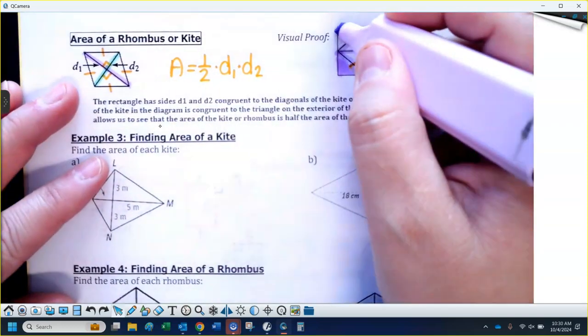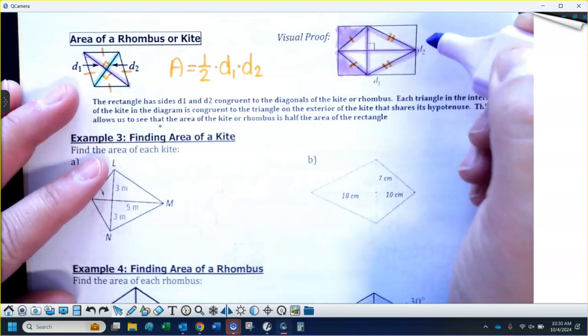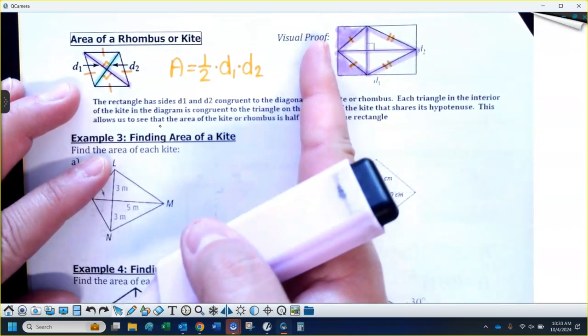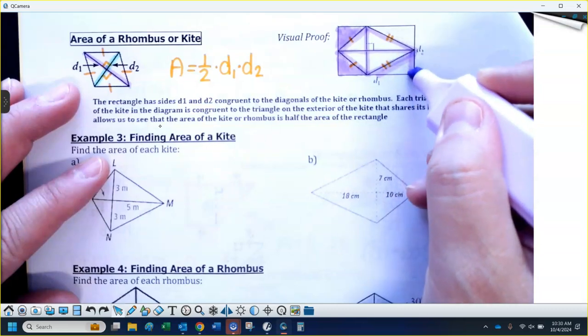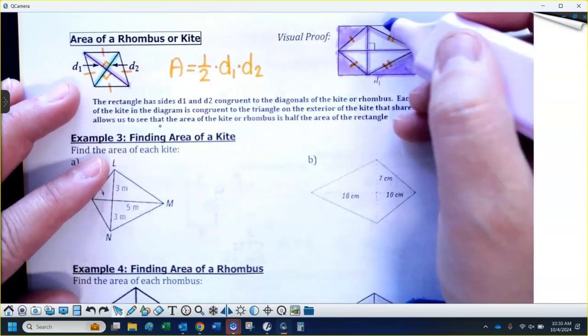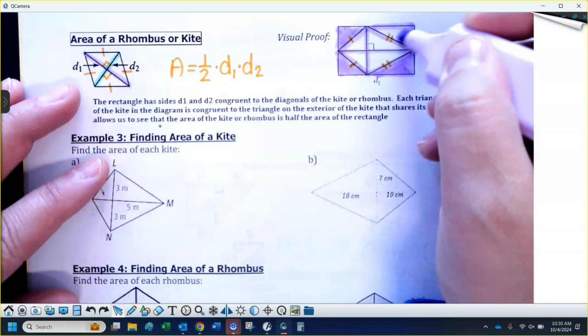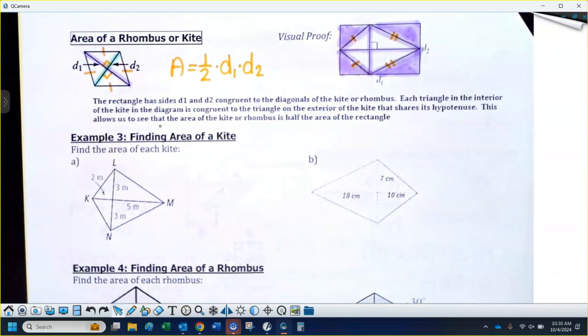Same thing here, you've got the triangle inside the kite and an identical triangle right there. So in total, I have 8 little triangles, but I only want the area of 4 of them if I were to find the area of a kite.